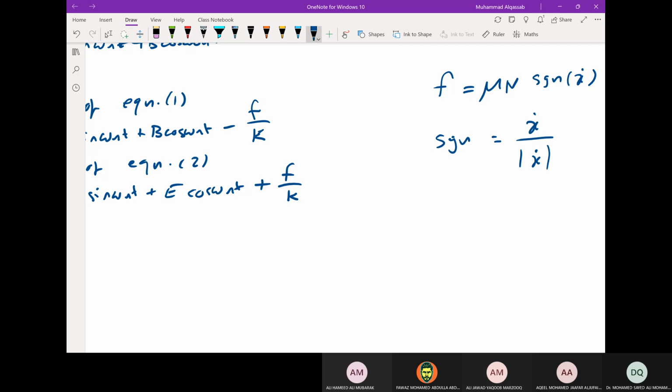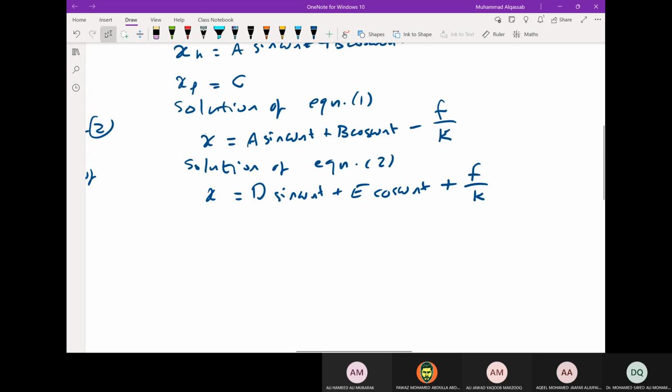So it is either -1 or 1, and this gives the sign of the friction force, and it will change automatically. This can be done by a numerical method without specifying the first half cycle, second half cycle, and so on. You can solve it numerically and get the answer. But why did I do this?